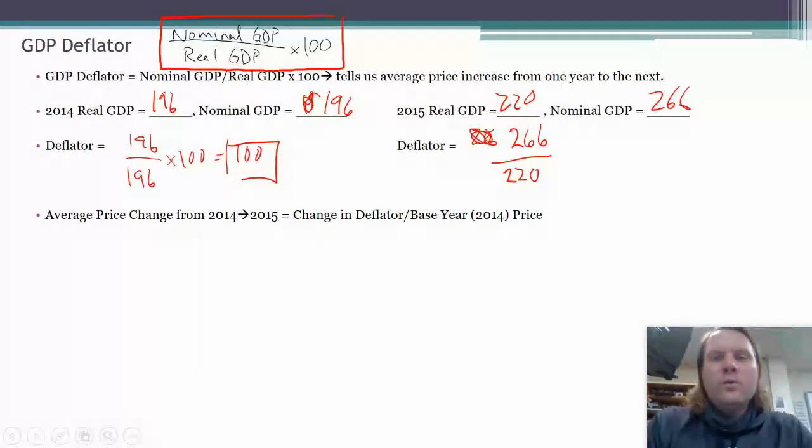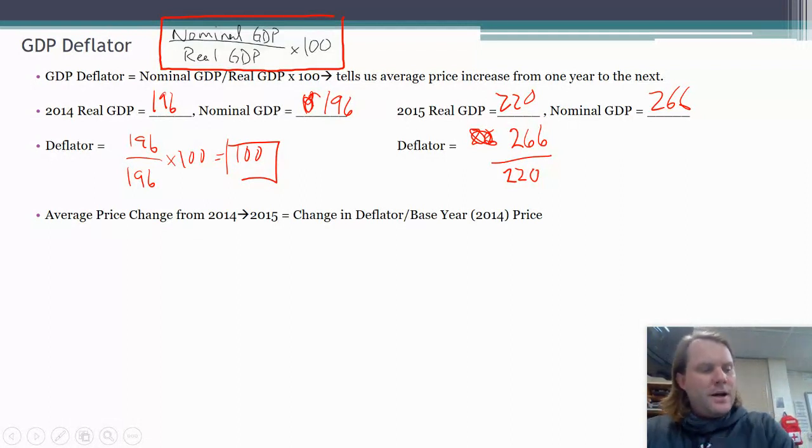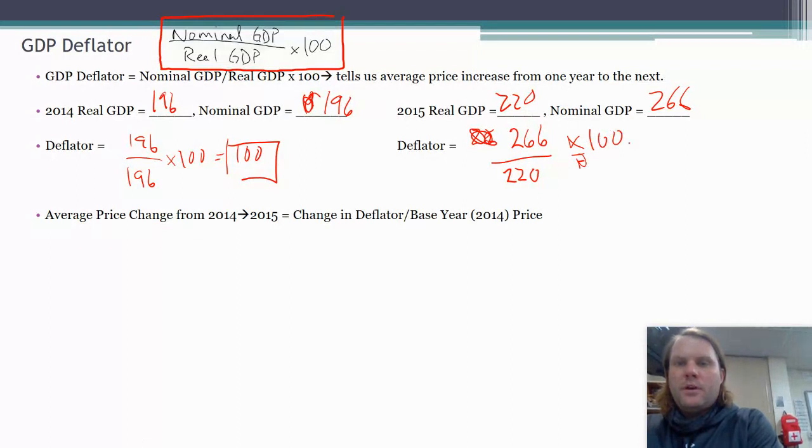Now, one way to remember it, again, nominal GDP goes in the numerator. It's a little bit of a trigger word for you. Hopefully you can make that work. What we see over here is going to be our deflator, multiplied by 100, equals 120.